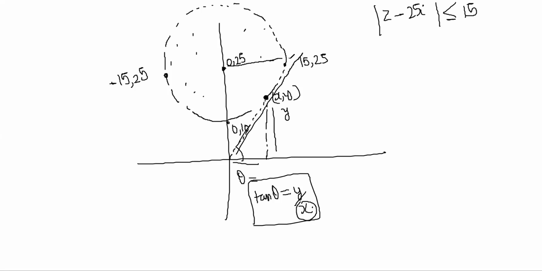So if you can draw a tangent from 0 till this point 15 comma 25, then you will get the least positive argument. But it may or may not be possible that the tangent is at 15. It could be at some other point.